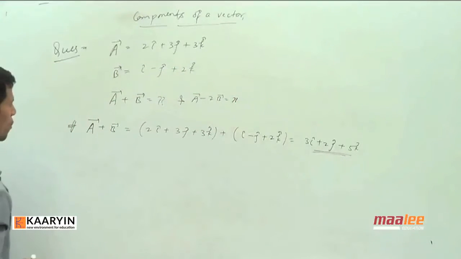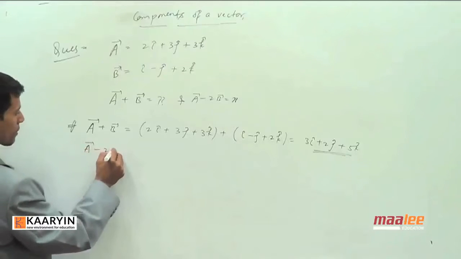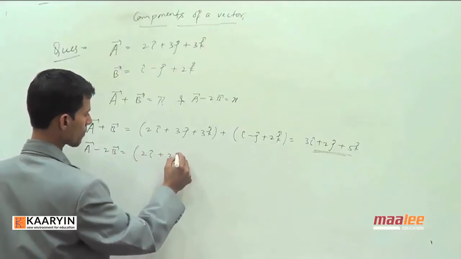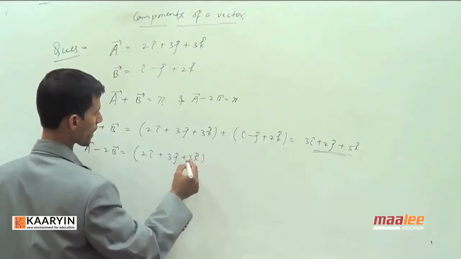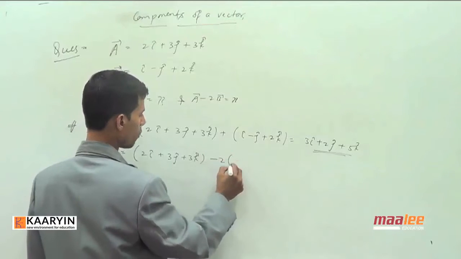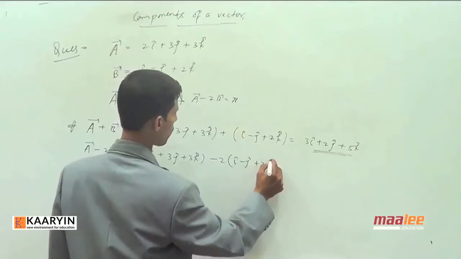Now to do a minus 2b, how can we solve it? First write down the vector a, that is 2i plus 3j plus 3k, now minus 2 times i minus j plus 2k.